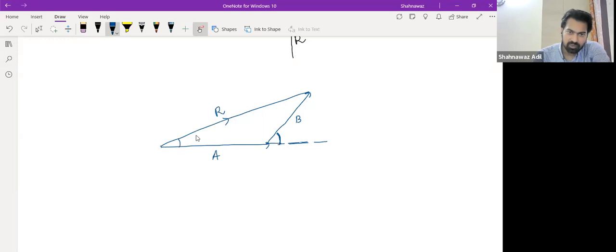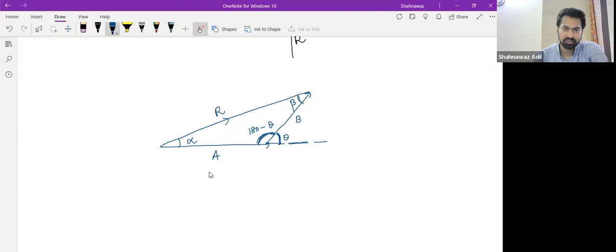This is the angle between the resultant and the A vector, alpha, and this is the angle between the resultant and the B vector, let's say beta. And let's say this is the angle between A and B, so this is theta. So this would be how much? 180 minus theta. Right.